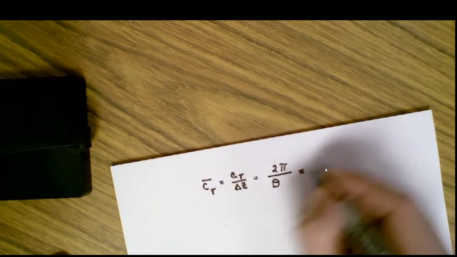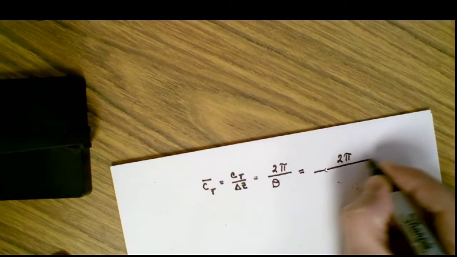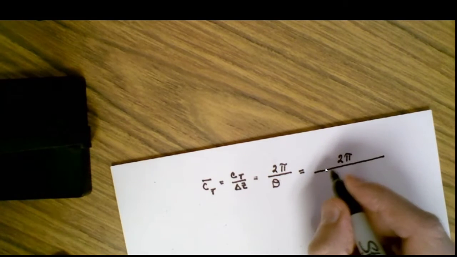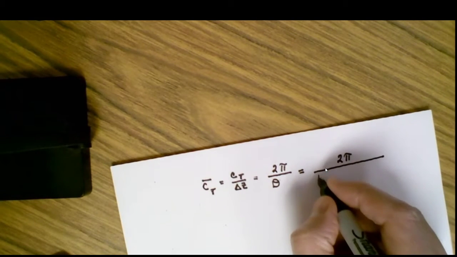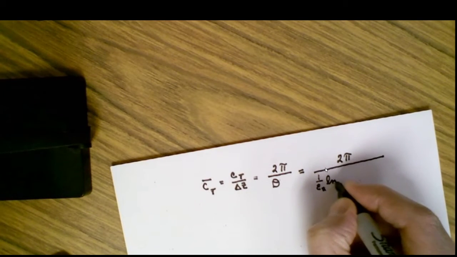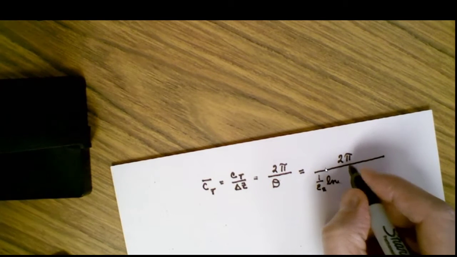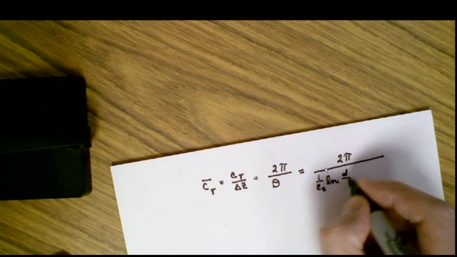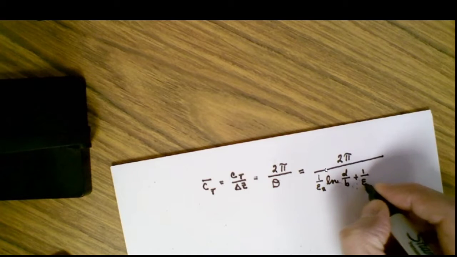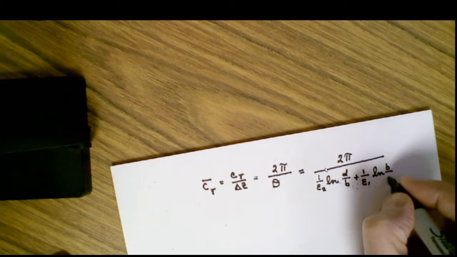And this is going to be equal to 2 pi over the quantity 1 over the permittivity of region number 2 times the natural log of d over b, plus 1 over the permittivity epsilon 1 times the natural log of b over a.